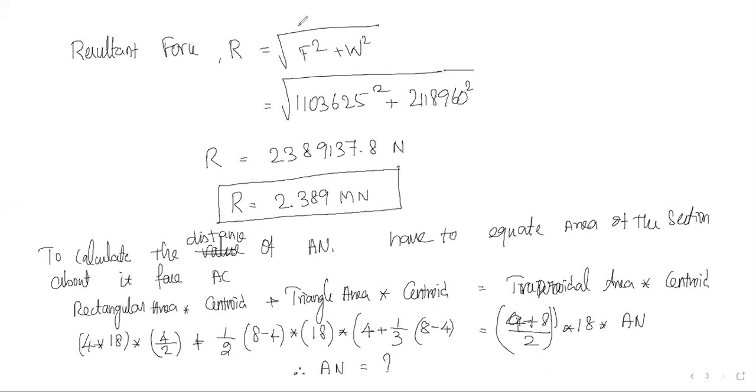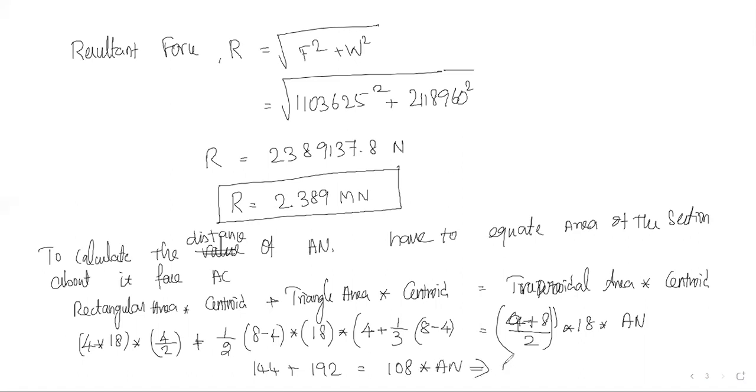We can calculate. 4 into 18 into 2, 144, plus half into BH, 4 into 18 into 4 plus 4 by 3, 192, which is equal to 6 into 18, 108 into an.